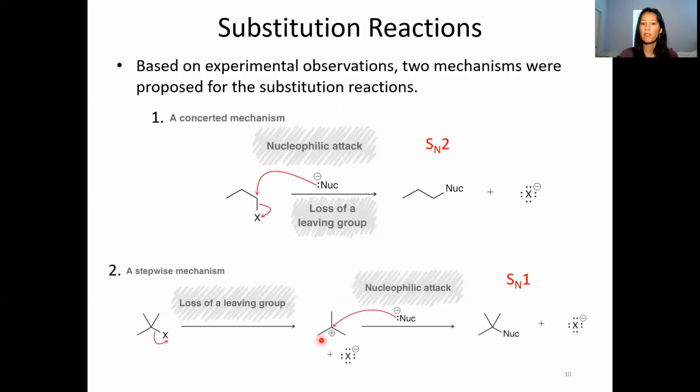Here you're generating a free carbocation that's sp2 hybridized, it's planar. And then your nucleophile can attach to give your substitution product. This is SN1. It's unimolecular versus bimolecular. So hopefully you can see this is really important to know which type of mechanism is going to be operative, because clearly that's going to affect stereochemistry.